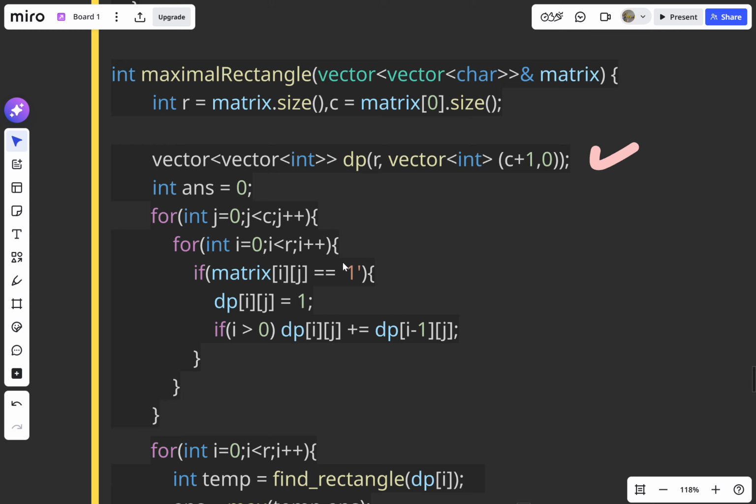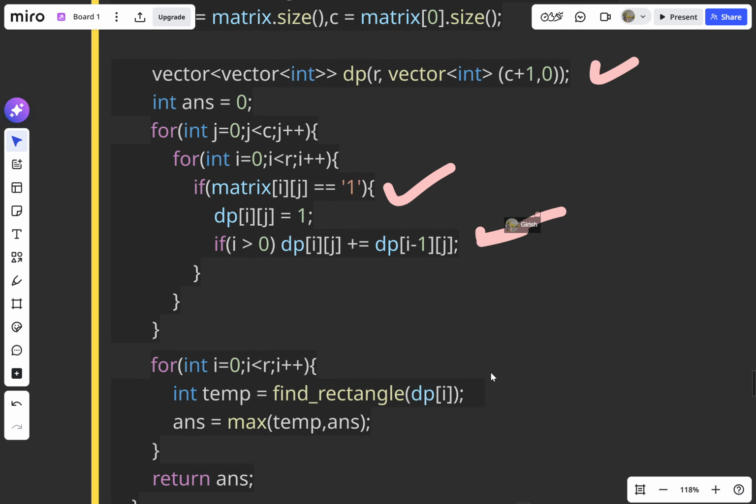Then we have declared dp as an array, so we can make it the prefix also. If it is a 1, we add the previous value, which means we are doing the prefix.